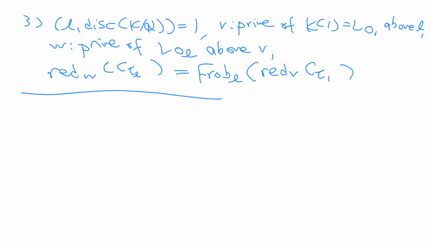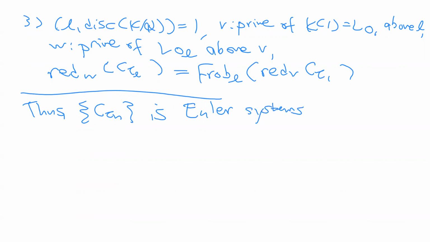What Kolyvagin called points, or cohomology classes, that satisfy these three properties are Euler systems. So this family of points is an Euler system in Kolyvagin's language, and we all use this name now.